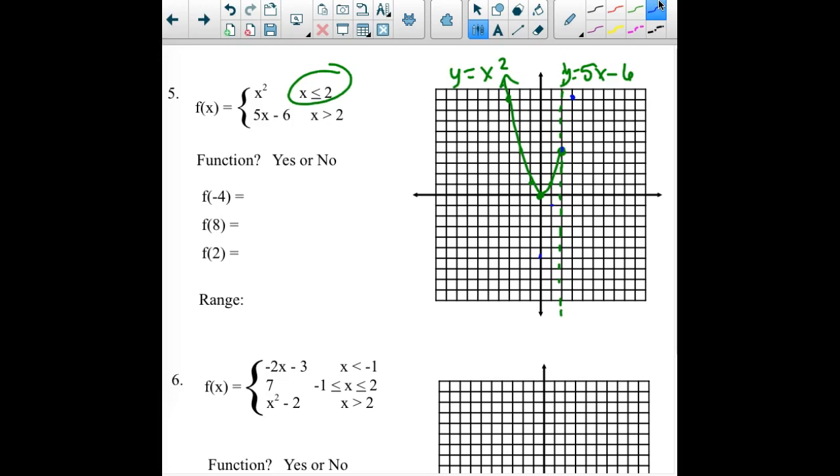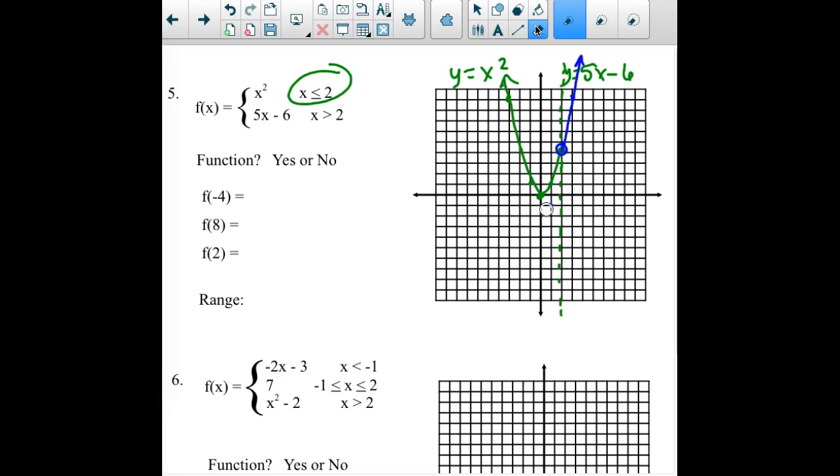Up 5 over 1 is there. Where we hit the vertical line, open or closed? Technically it's open, but remember the green is filling it, right? So it is included, but it's included on the parabola graph, not on the linear part. Okay? And then we have a pretty steep line going up from there.